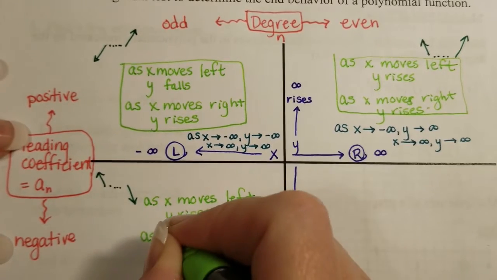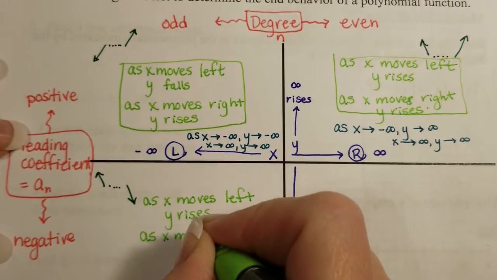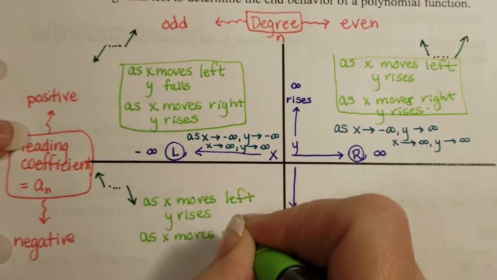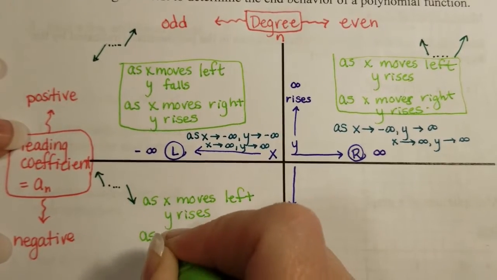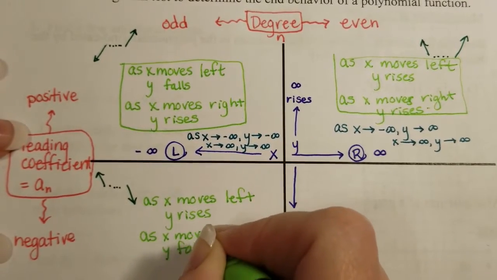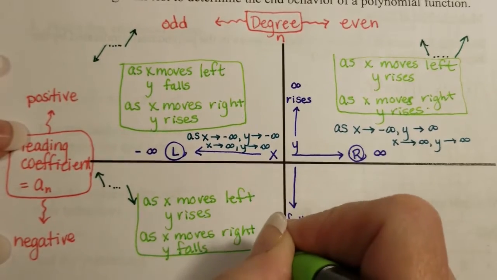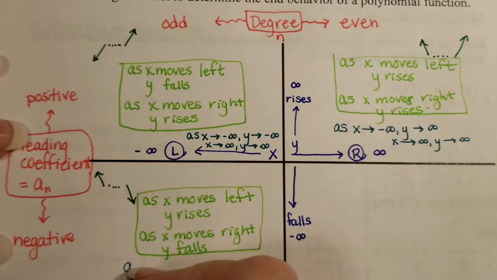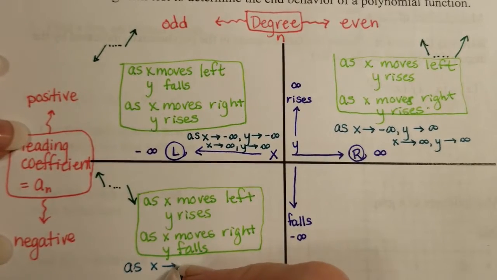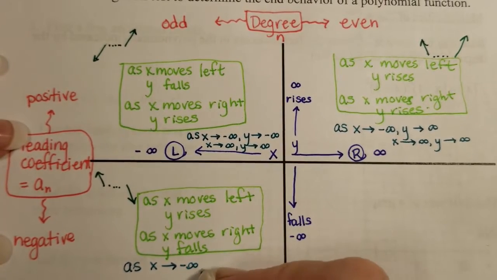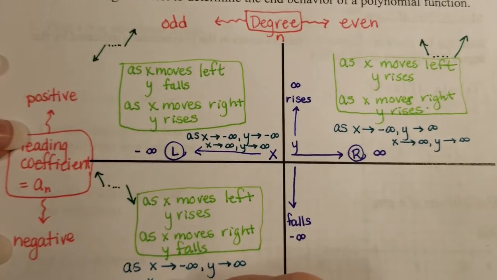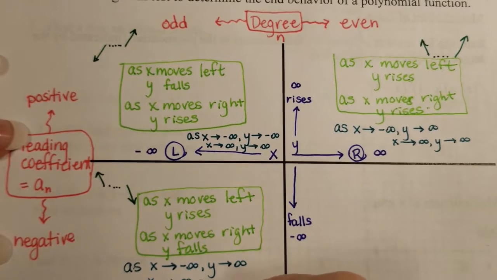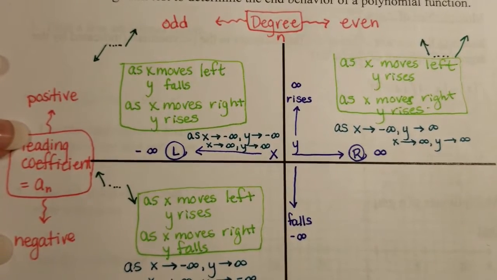As x moves right, y falls. Or as x approaches negative infinity, y approaches positive infinity, and as x approaches positive infinity, y approaches negative infinity.